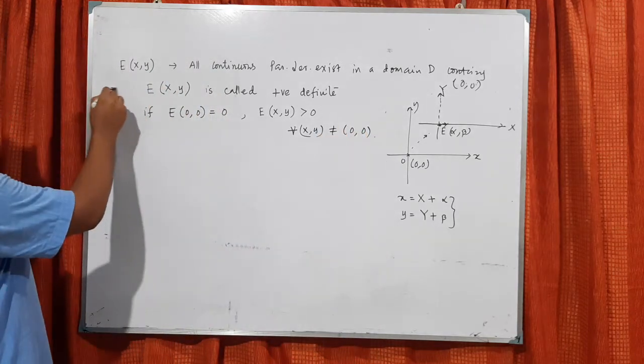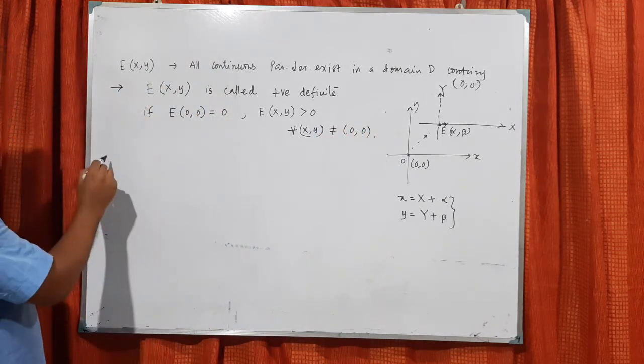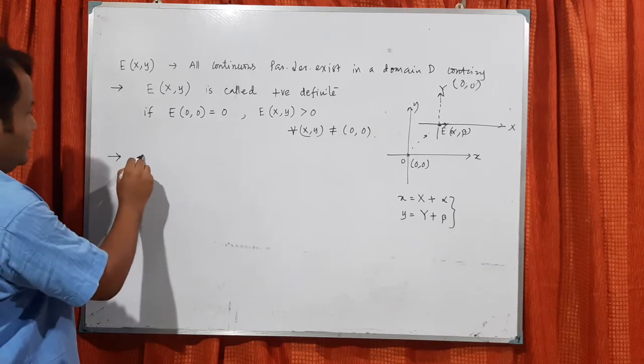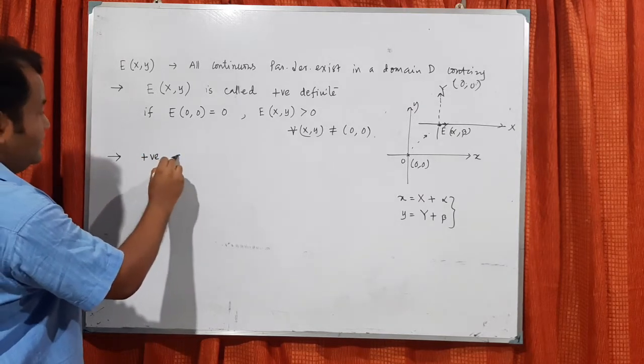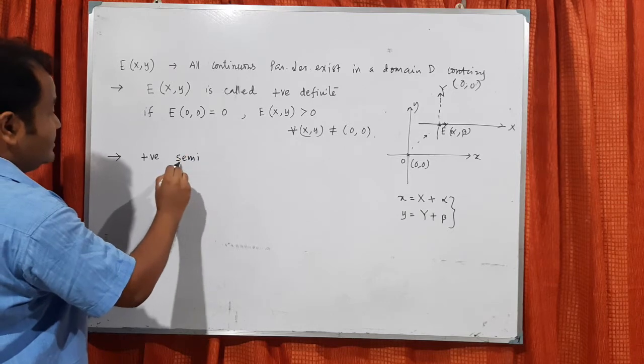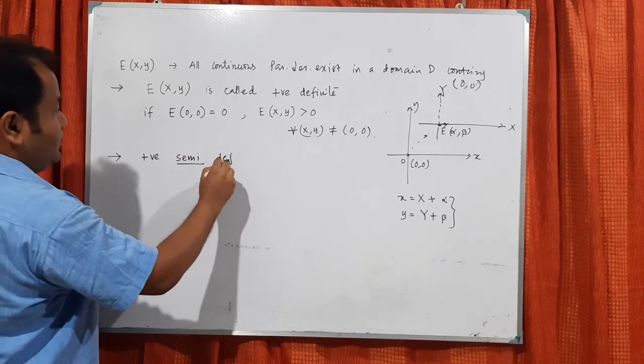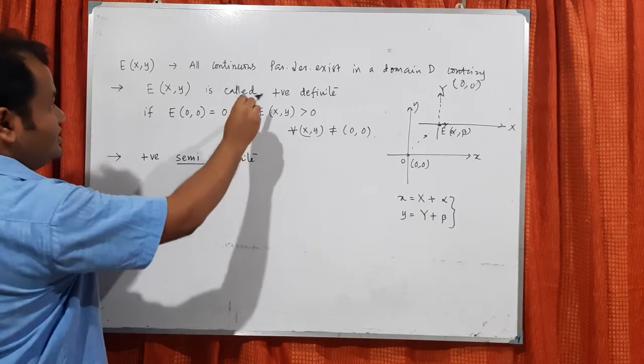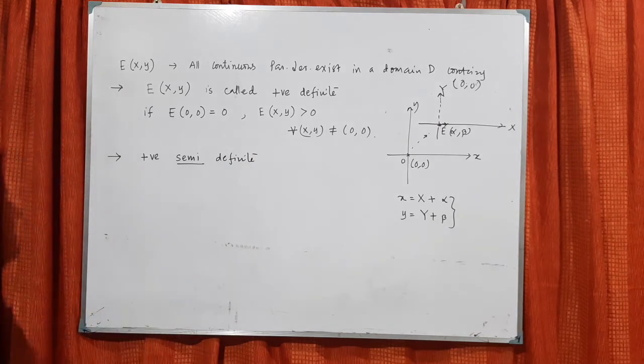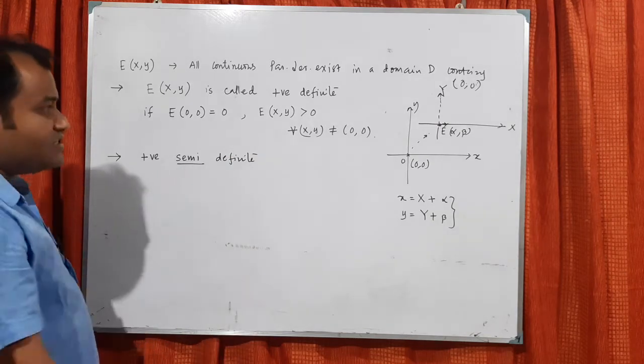This is called positive definiteness of a function. The second is positive semi-definite, which is something similar.